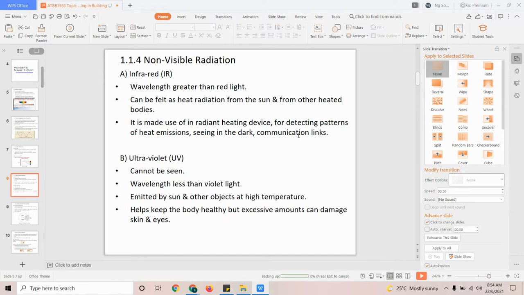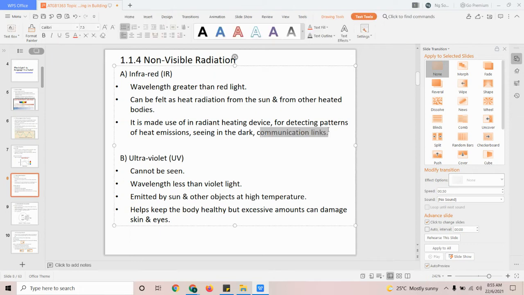We can use it to detect patterns of heat emission, meaning instead of physically measuring the temperature of an object in close contact, we can measure it from a distance away, or we can use it to see in the dark, which is what some animals do because they have evolved to be able to see infrared. If we have an infrared device, we are able to see in the dark, but it will be in black and white images.